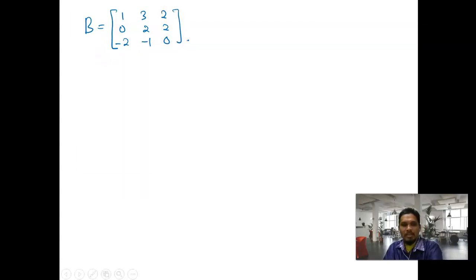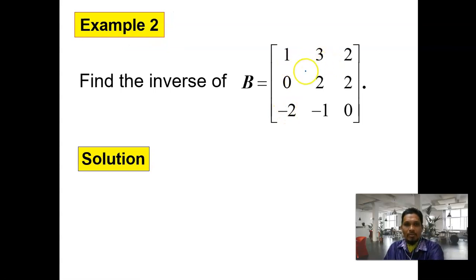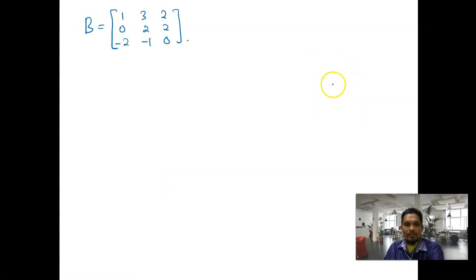So find the inverse of B. Okay. A matrix of B. Matrix of B, we have 1, 3, 2, 0, 2, 2, negative 2, negative 1, 0. Okay, let's check. 1, 3, 2, 0, 2, 2, negative 2, negative 1, 0.